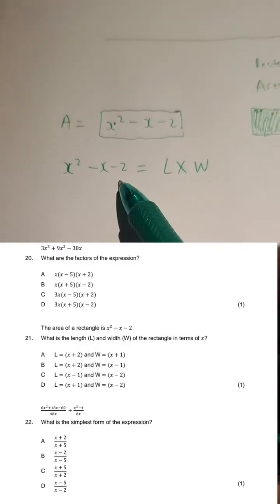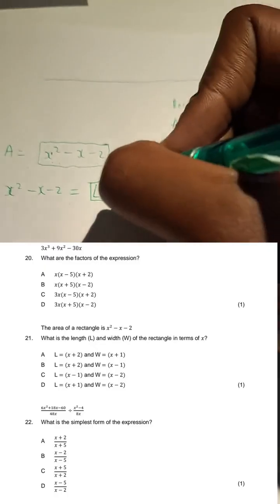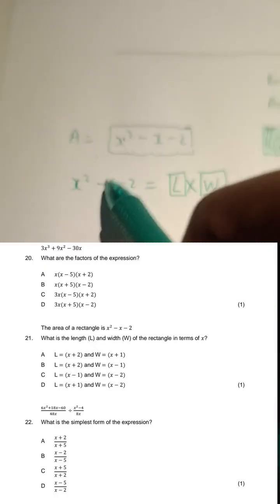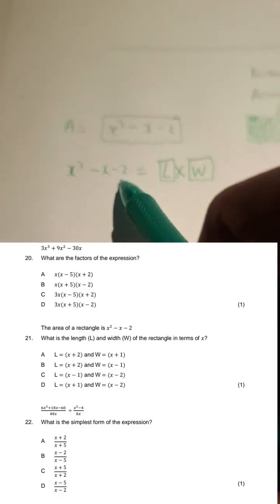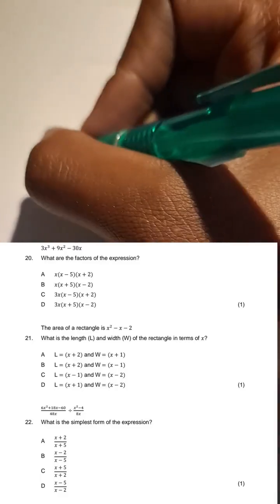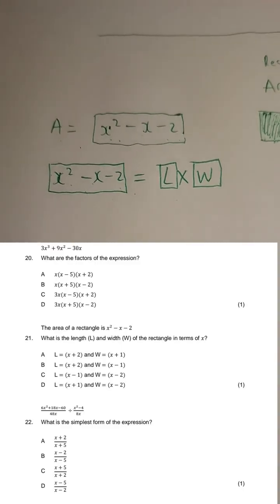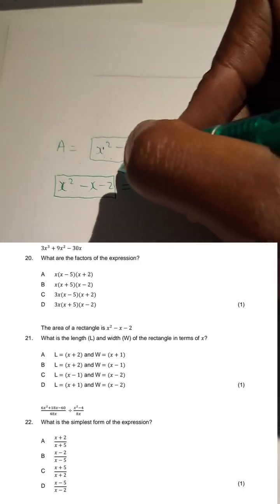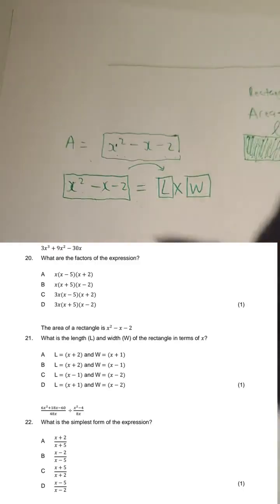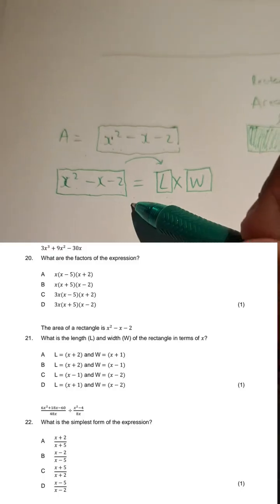So what they are saying here is that we need to find what the length is and what the width is of the rectangle whose area is x squared minus x minus 2. I'm sure, guys, you can see what is required of us here. We want to find the product of the factors that make up x squared minus x minus 2.